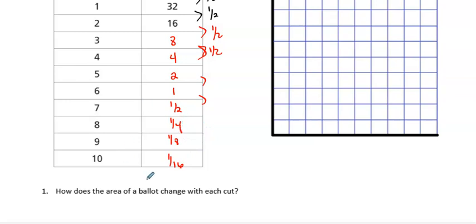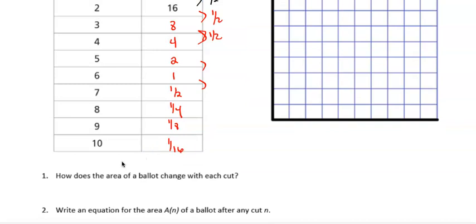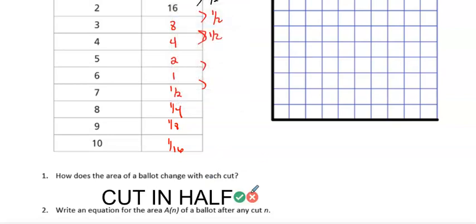All right, so how does the area of the ballot change? All right, so it gets cut. The area gets cut in half. And cut in half. Perfect. We'll take that.